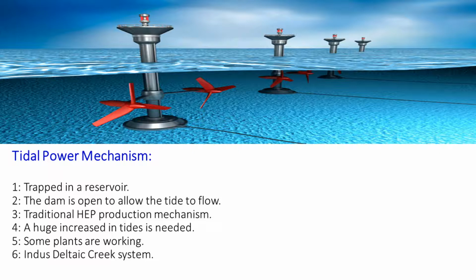3. Traditional HEP production mechanism. As the sea level drops, the traditional hydroelectric power production mechanism is used to generate electricity by rapid movement or spin of a turbine from the elevated water in the basin. 4.